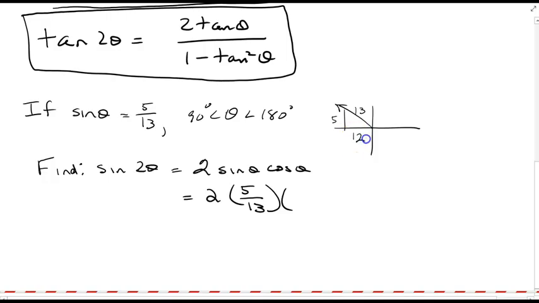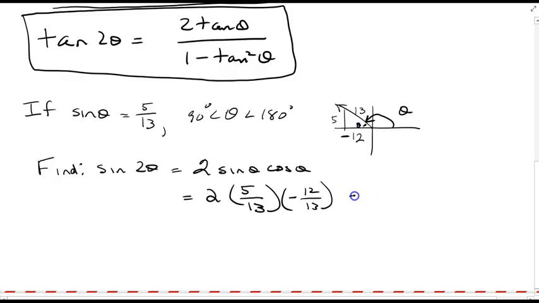That's going to give you 12, because 169 minus 25 is 144, and the square root of 144 is 12. Be careful with your negative and positive signs. That 12, because we are in quadrant 2, is negative. So cosine of theta becomes negative 12 over 13, keeping in mind that is your theta, and we are using its reference angle to get those.